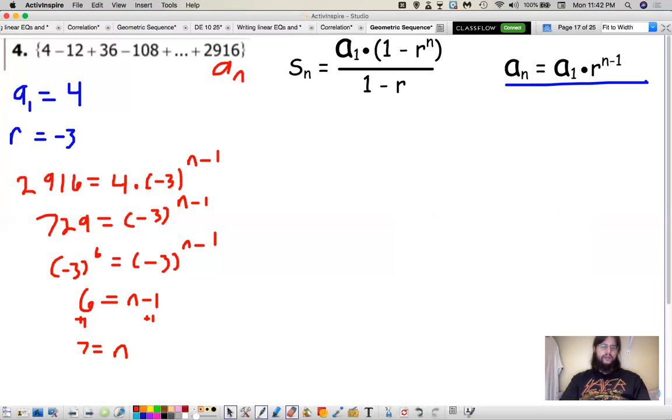All right. We got n, we got A1, we got R. Let's plug it into our formula here. S7 is equal to 4 times 1 minus -3. Put that parenthesis on there or you fail. Raised to the n, which is again 7, over 1 minus -3.